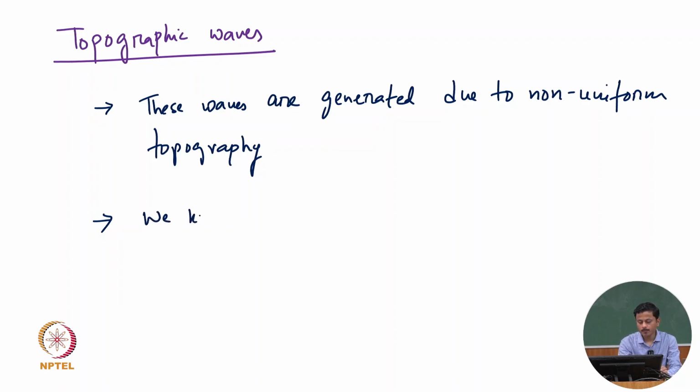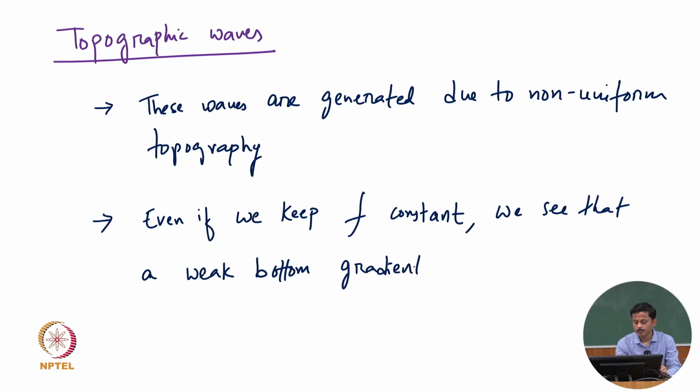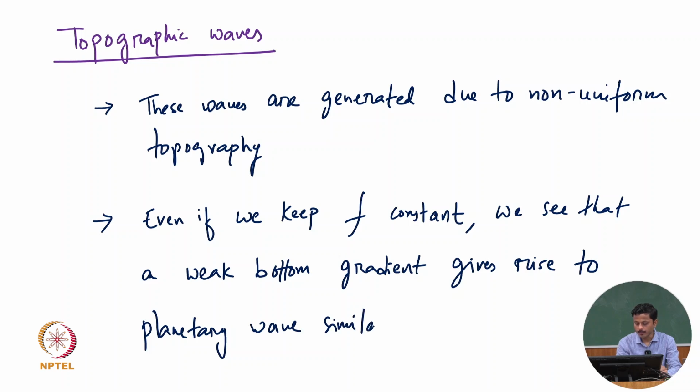Even if we keep f, the planetary vorticity, constant, we see that a weak bottom gradient gives rise to planetary waves similar to the beta effect.